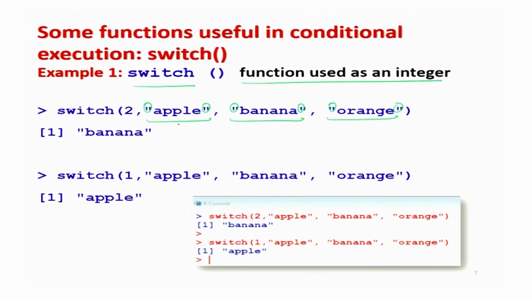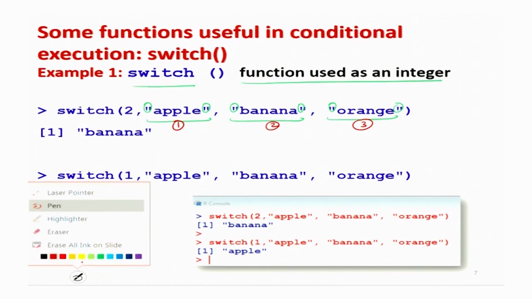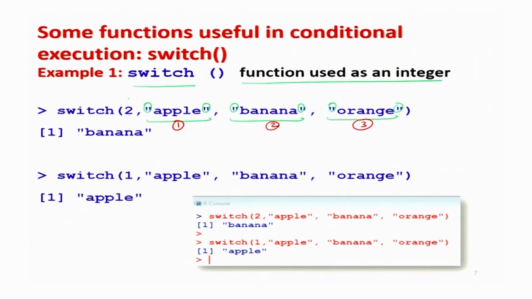So, apple has position number 1, banana is at position number 2 and orange is at position number 3. Now, in the switch command, you are asking the expression, your earlier command expr, is equal to 2. So, you write 2 here and you are asking what is there at the second location.